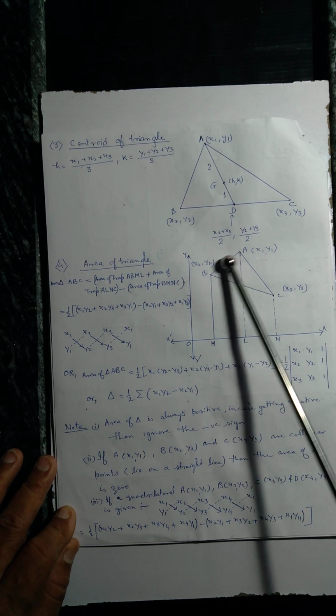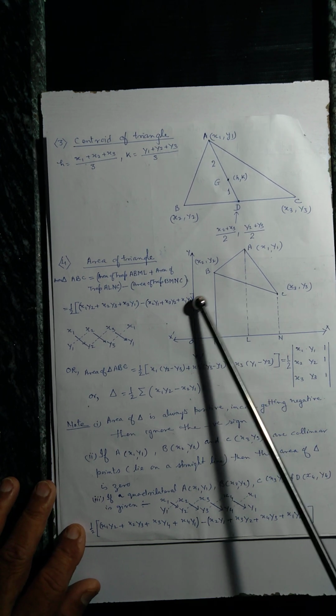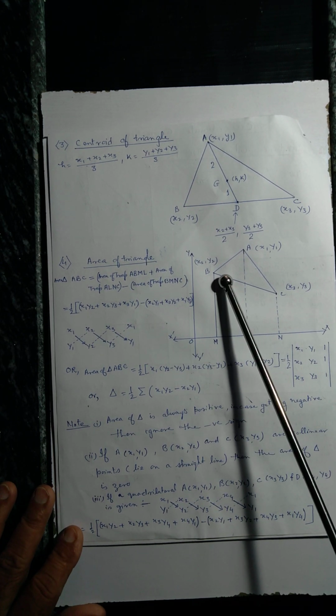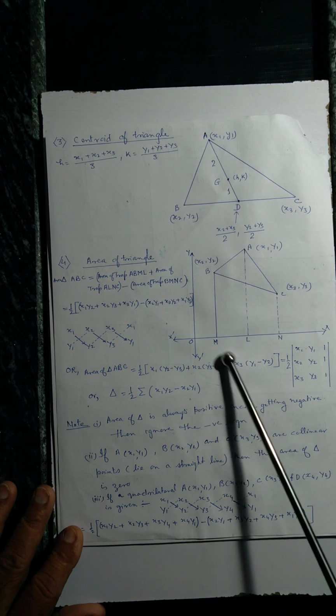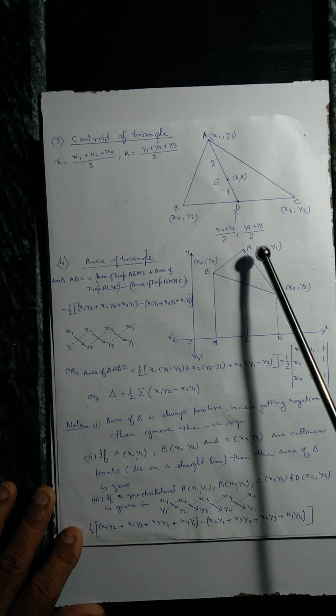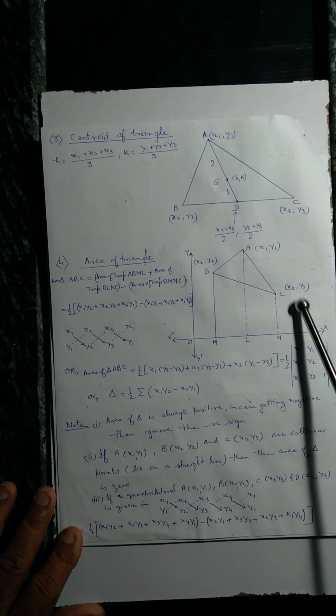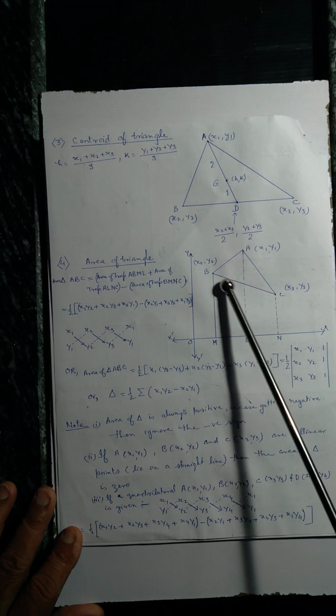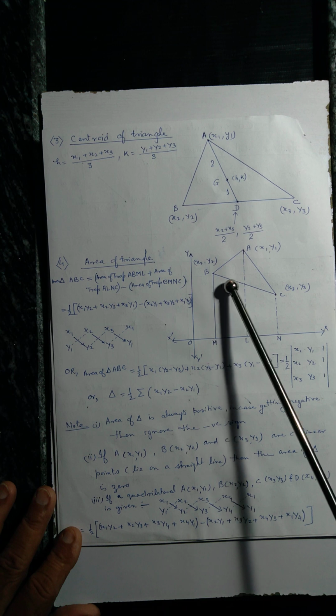So in order to find the area, first of all we have to add the area of the trapezium ABML plus the area of trapezium ALNC minus the area of trapezium BMNC.